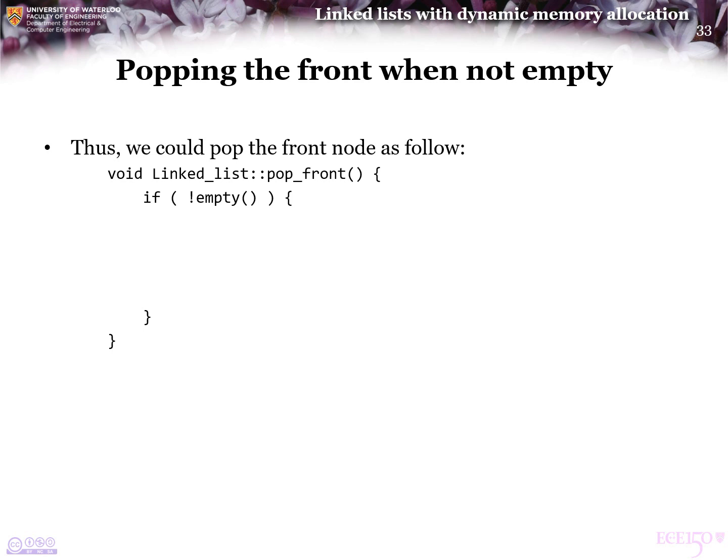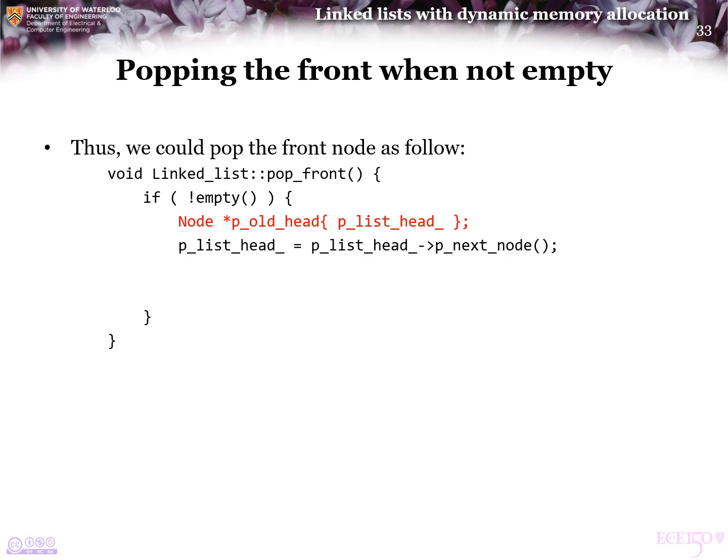Thus, we could implement popping the front as follows. First, we're going to temporarily store the current value of pointer to list head. So we have a member variable pointer to the old head. Then we will update the list head to point to whatever that first node is pointing to for its next node.